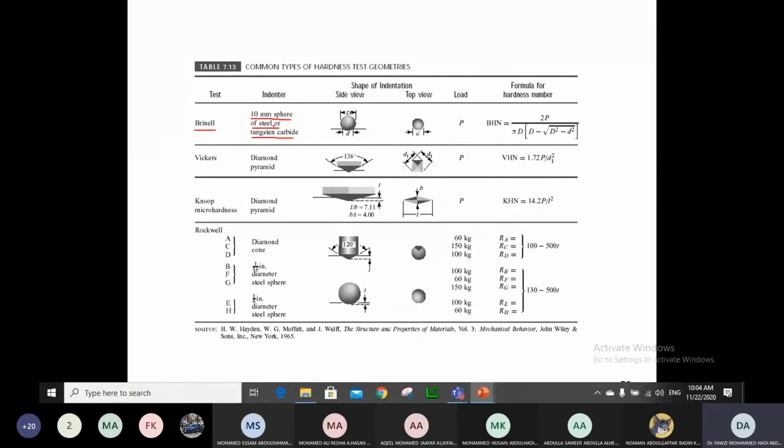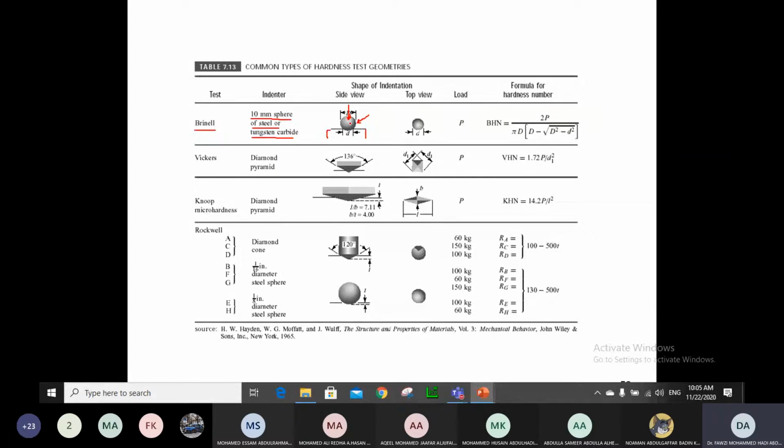So basically we put the indenter on the material we want to cause the indentation. If you look at this as your material, we push this down with a force. The philosophy, as we mentioned last time, is to push an indenter on the material and make an indentation with a specific force.